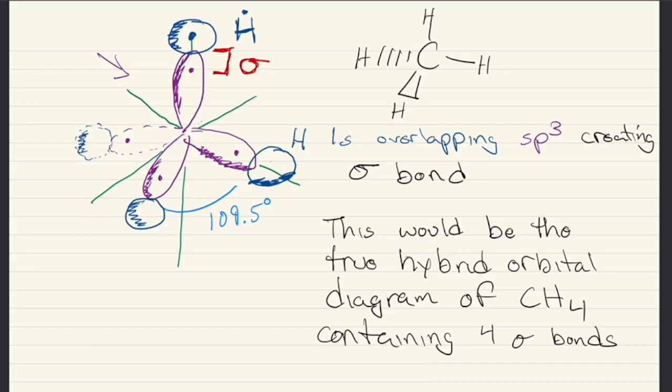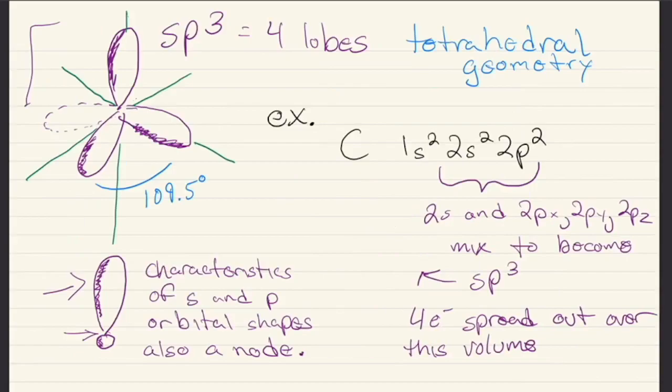So you need to be able to answer for a given question in the upcoming exams: what kind of hybridization, how many, and what type of bonds are being created. Okay, so just to give you a quick look, sp3 hybridization is 4 lobes hybridized from 4 separate orbitals.